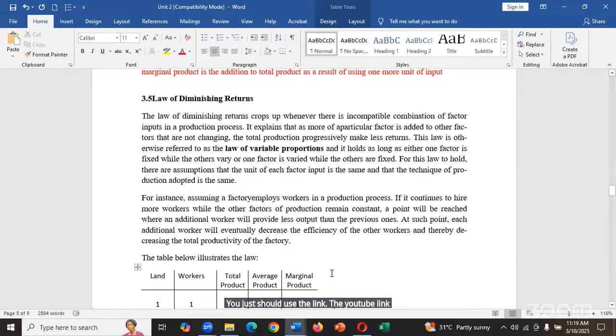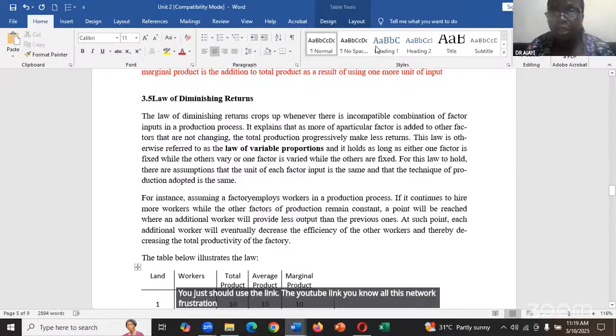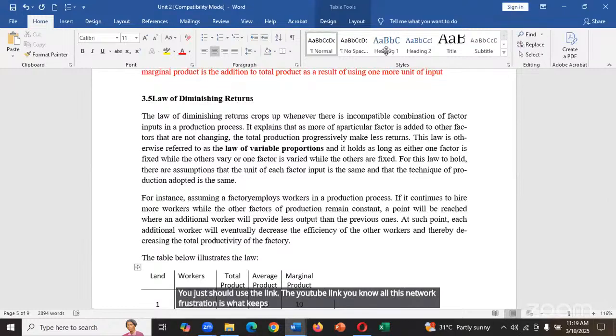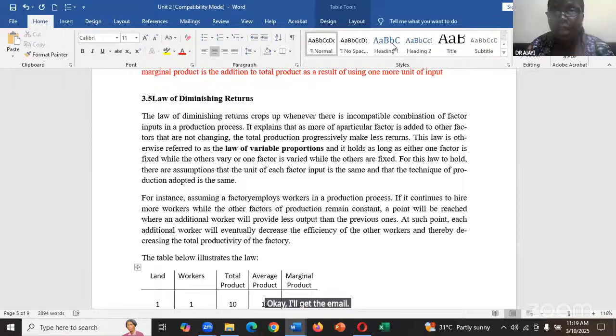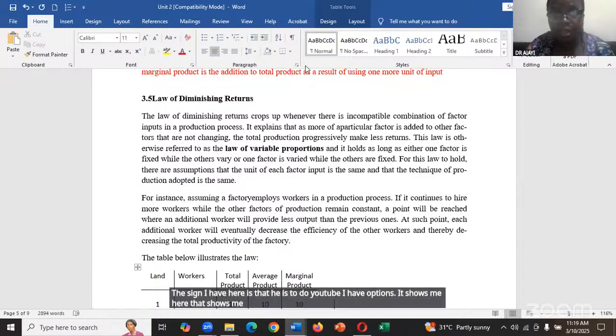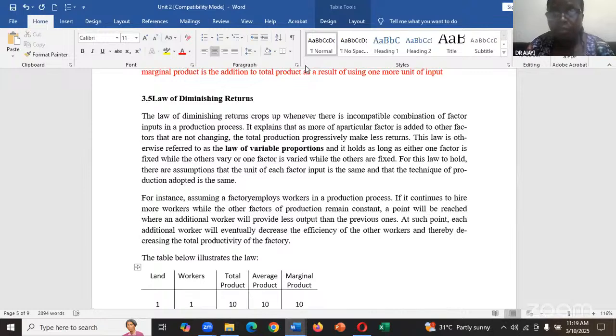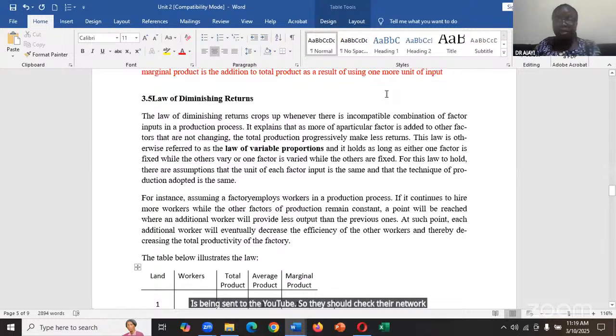All this network frustration. The sign I have here shows that it is connected to YouTube. It's being sent to YouTube, so they should check their network at their end.